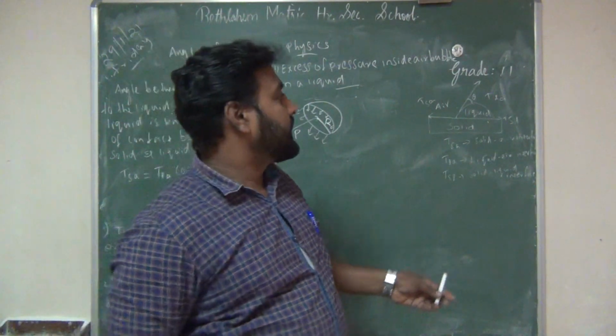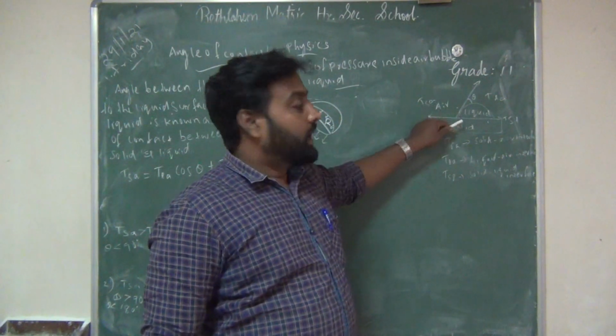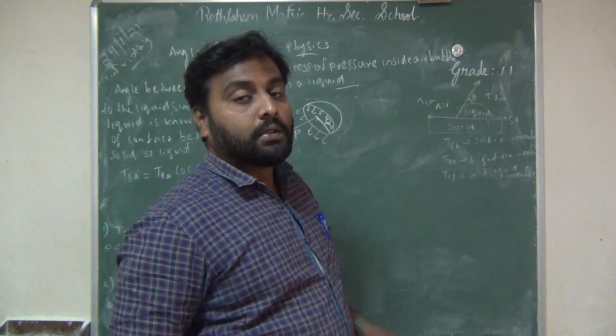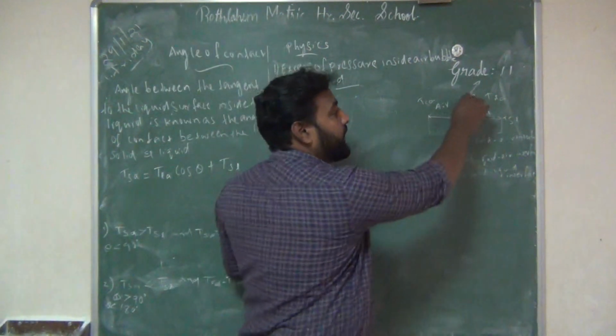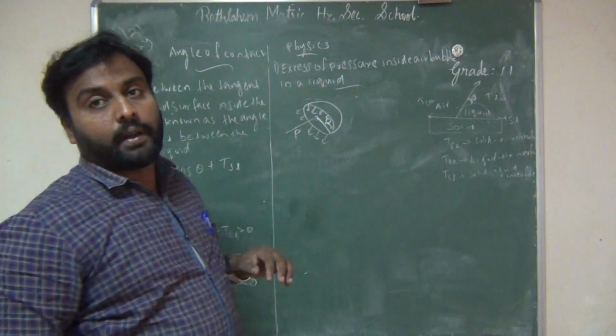Okay, you can see this diagram. There is a line tangent to this liquid and perpendicular to this solid. So there is an angle forming between these two surfaces. This angle we are saying angle of contact.